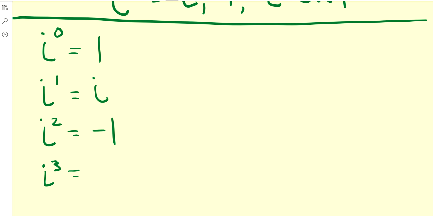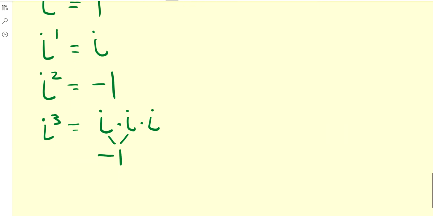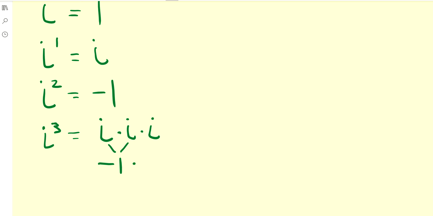Well, if i squared equals negative 1, I'll do it this way: i times i times i to the third. So i times i is i squared, and i squared equals negative 1. Then times that by this i, which just comes down. So it's negative 1 times i equals negative i.